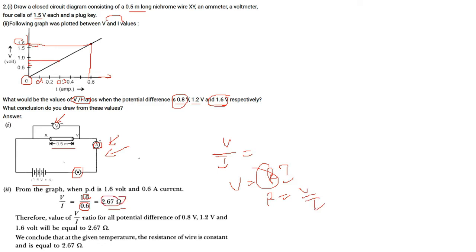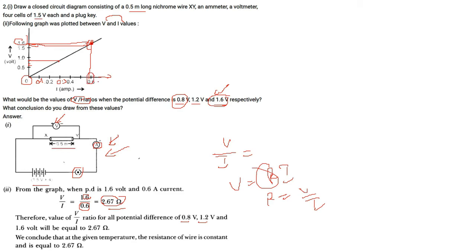So this ratio is the same for all potential differences, whether you take 0.8 or 1.2. Why have we taken 1.6? Because there is a proper point given. If we had taken 0.8 or 1.1 or 1.2, we might only find I approximately, but this point is given, so for 1.6 it is absolutely given as 0.6.